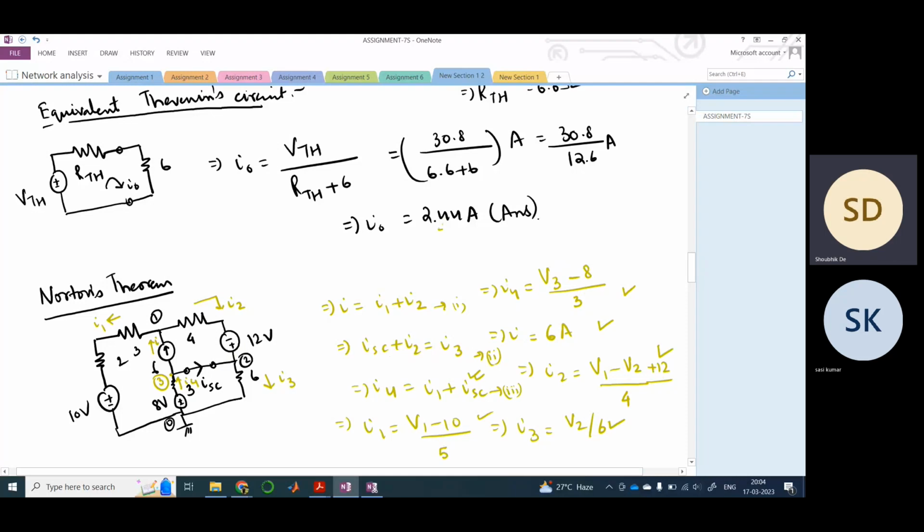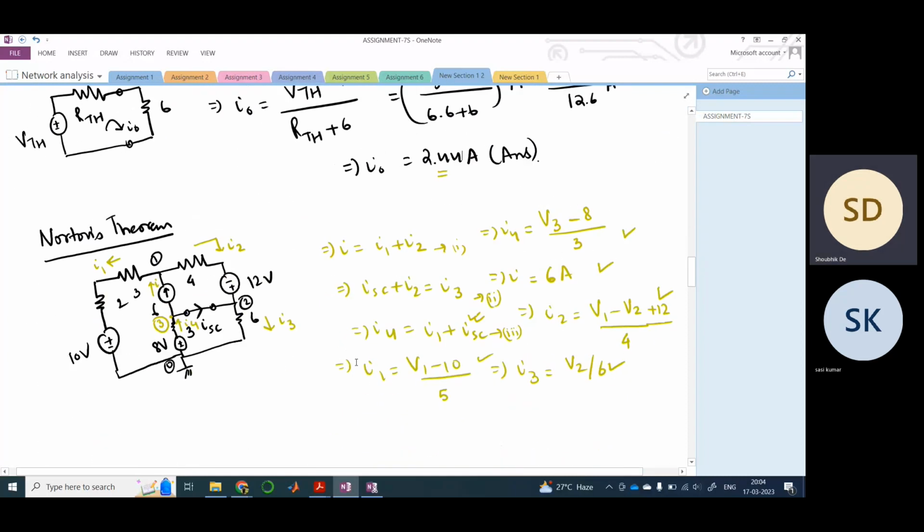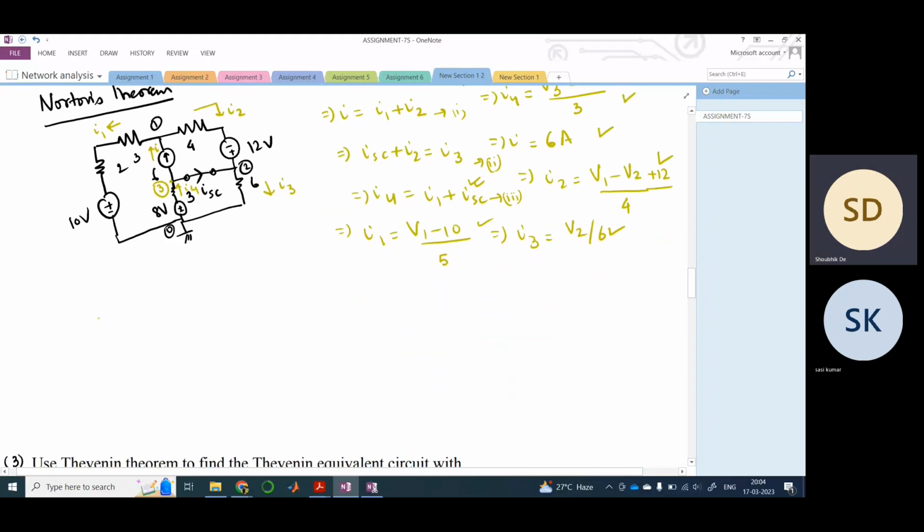It should come directly to 2.44, right? And then you have calculated the value of RTH, we already calculated it's 6.66. Therefore, your equivalent circuit would be something like this. This is ISC, this is RTH, and this is your RL.